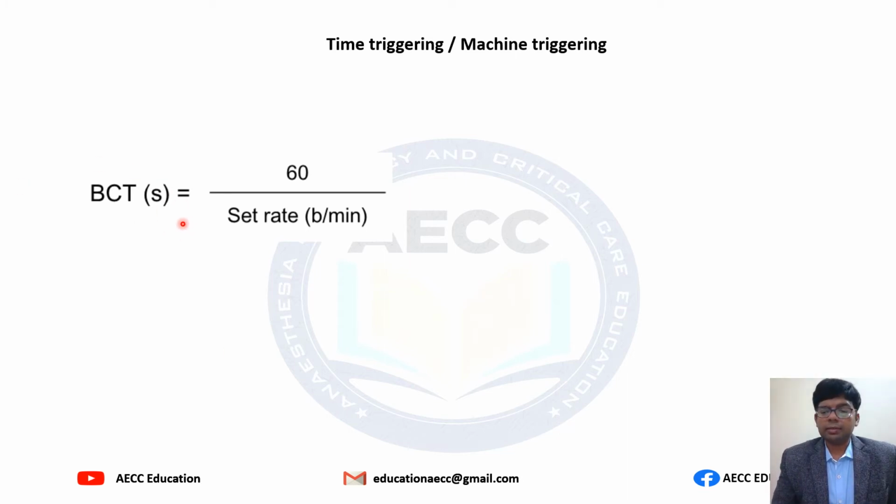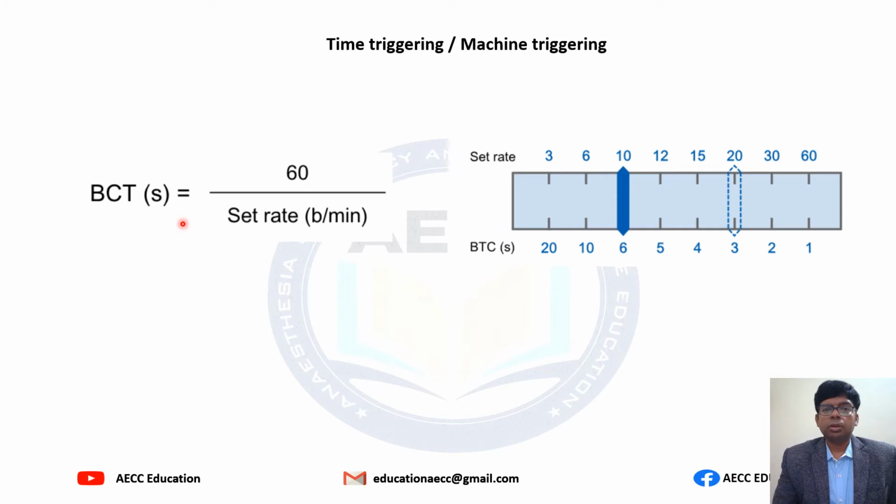When the rate is set, the ventilator automatically converts the rate to the breath cycling time by this equation: 60 divided by the set rate, that is breaths per minute. So, for example, if you set the rate to 10 per minute, then the resultant BCT is 6 seconds.